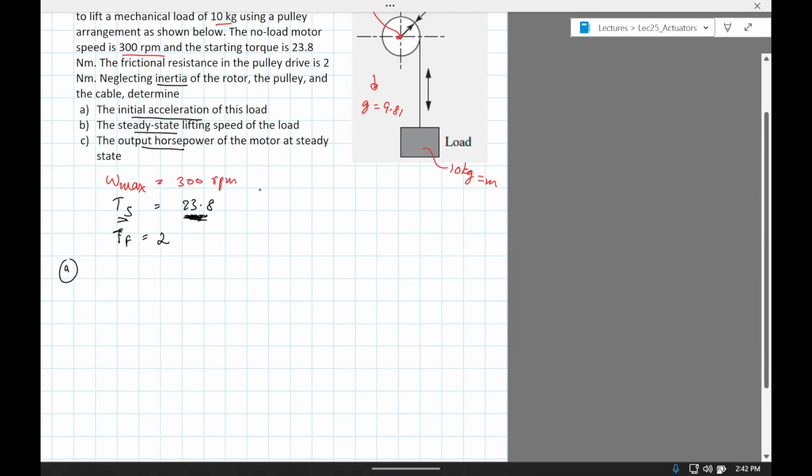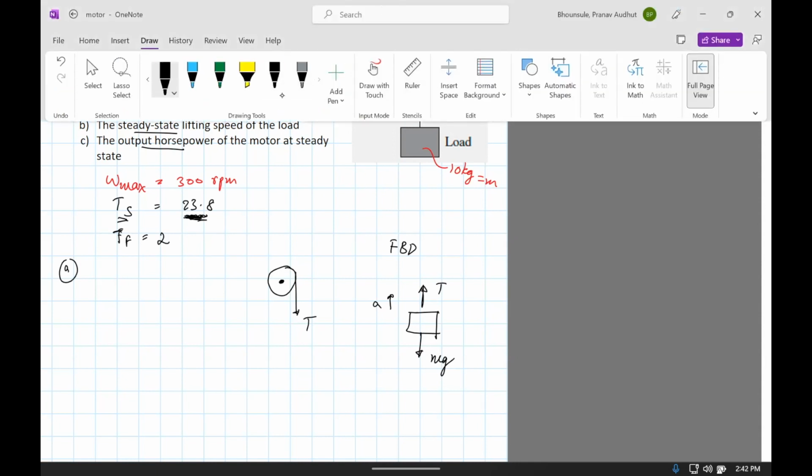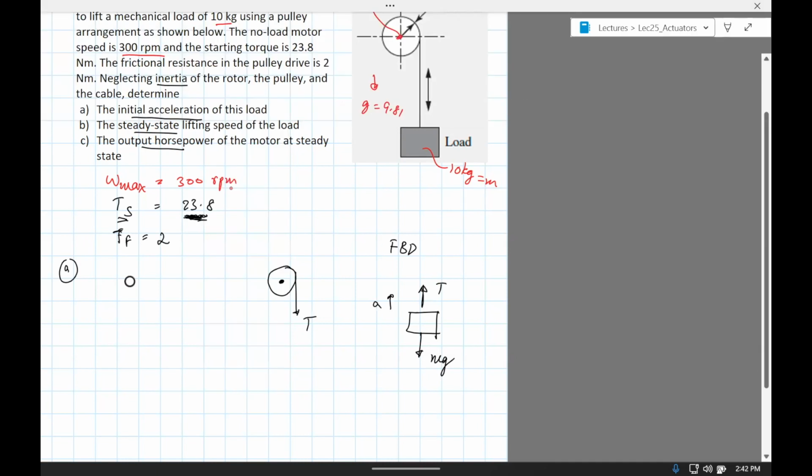So what I'm going to do is draw the free body diagram of the mass. mg is down, and then it, in this case, accelerates up. And then we can draw a free body diagram of the pulley. There'll be some pin reaction at the pin joint, which we need to show. And then clearly there is a torque.